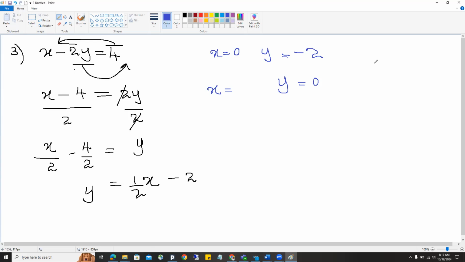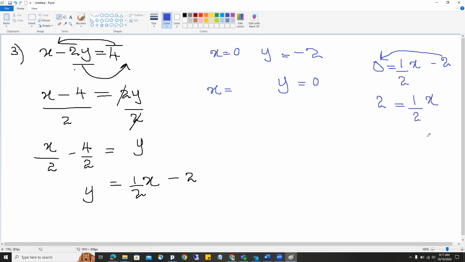So you can make it 0 is equals to half x minus 2. Okay. Then we can take this minus 2 to the other side. Then 2 is equals to half x.